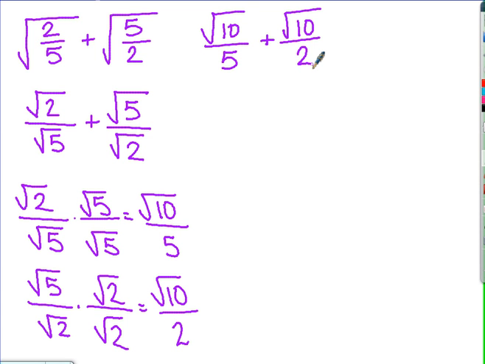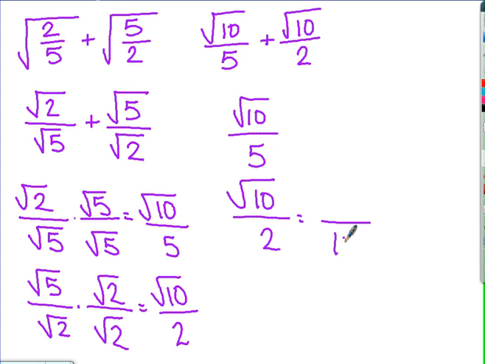Now we know that when we're adding fractions, we have to find a common denominator. So we are going to find a common denominator between 5 and 2. Common denominator is 10. Now keep in mind, the coefficients for both of these is 1, and we're going to treat the roots like a variable.